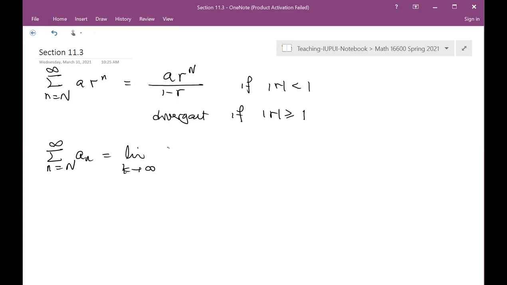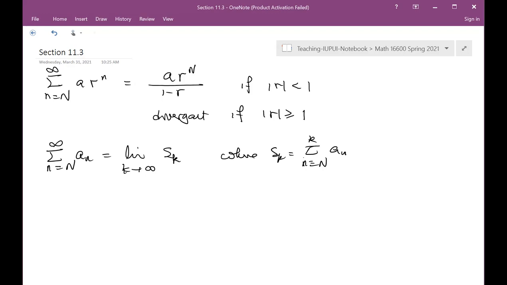So if we can find a simple expression for the partial sum, then you probably can figure it out. That's the definition. You can use the definition to show whether this series is convergent or divergent, even if you find the value.